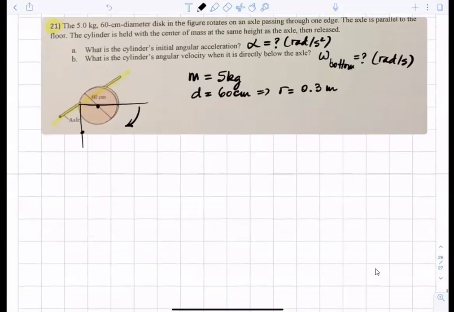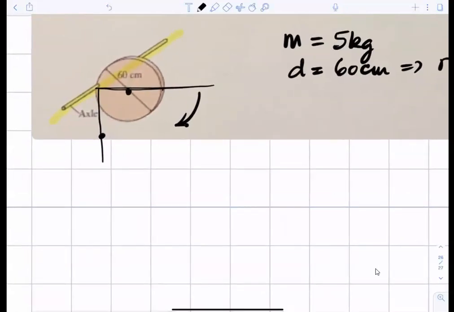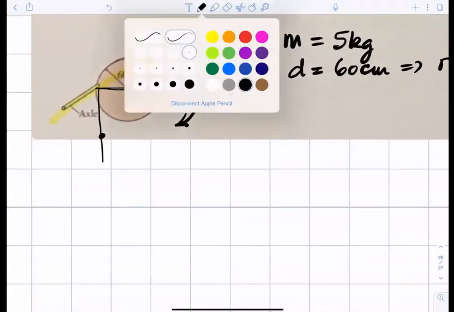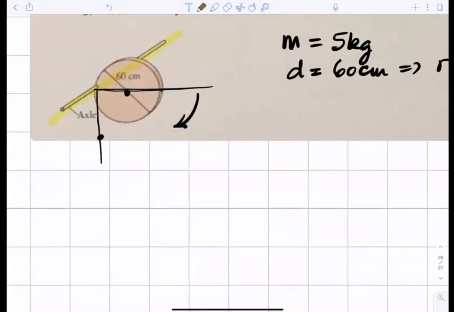Well, let's see how we would approach this problem. So first off, I'm going to attempt to make another sequence of the picture here. So assuming that this is dropping down, I'm going to change colors here and attempt to make another circle into the new position.